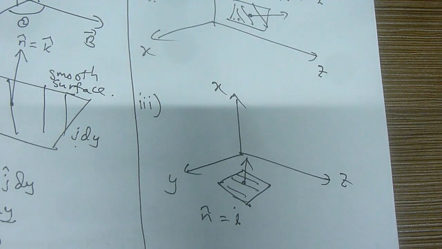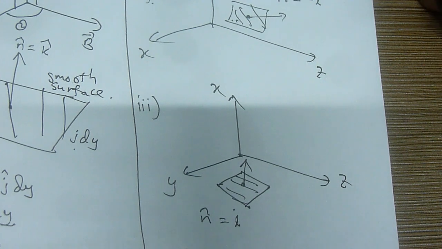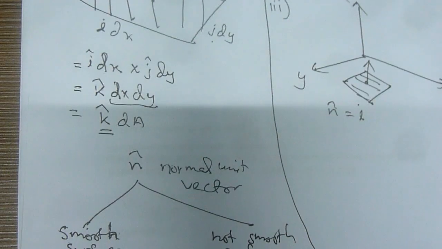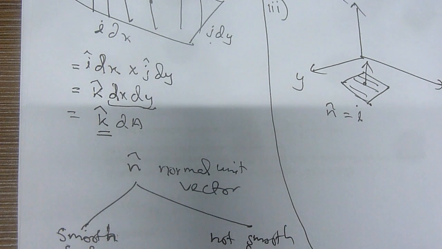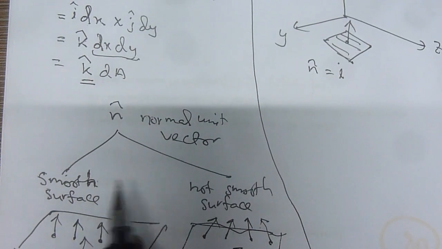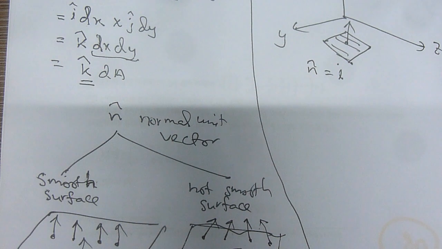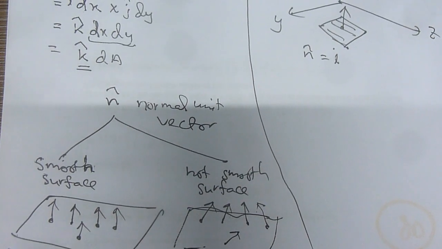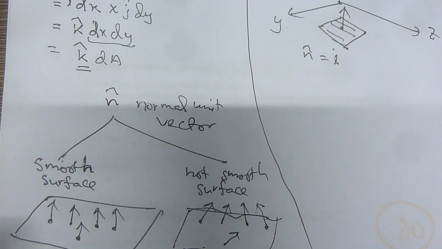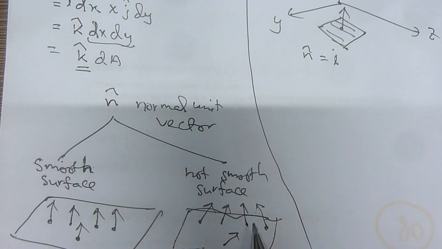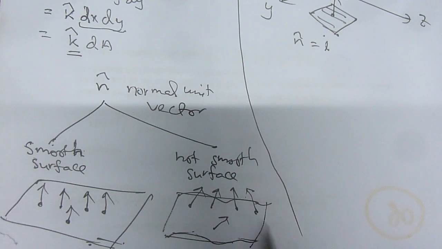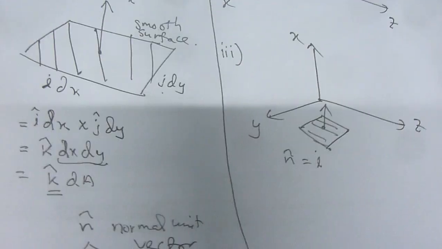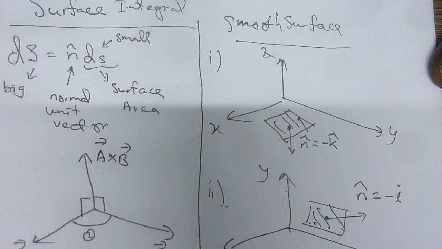Now we're going to explore what is non-smooth. Again, you look at this. We have already seen a smooth surface can be identified straight away. It's no problem because it's just negative i, j, k or any one of these. What about this? How to identify this non-smooth?